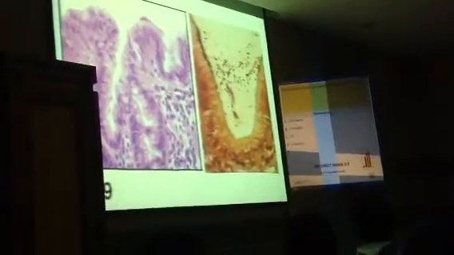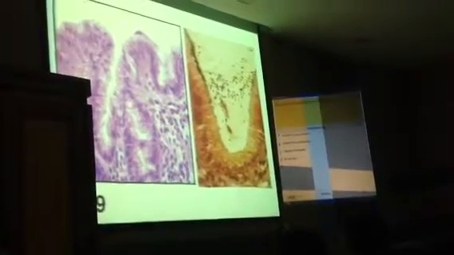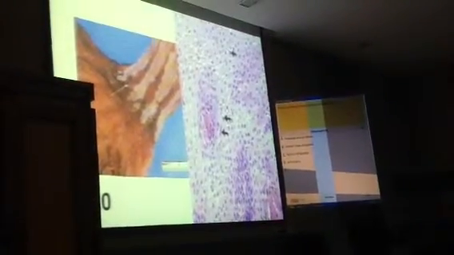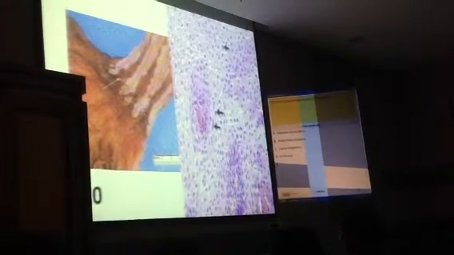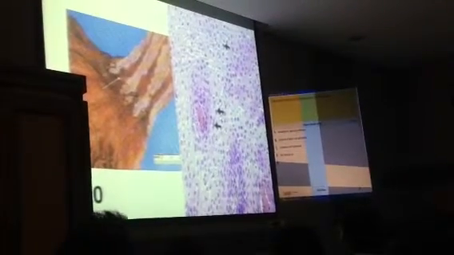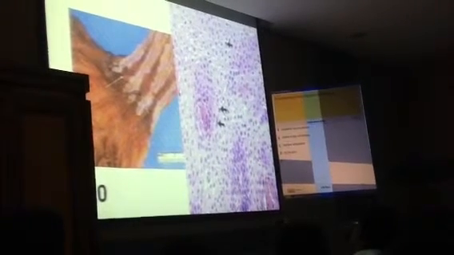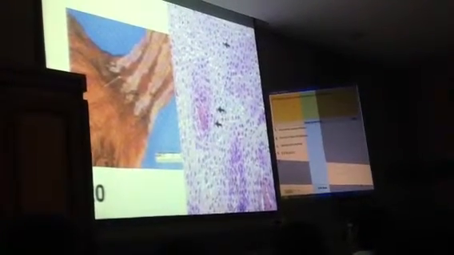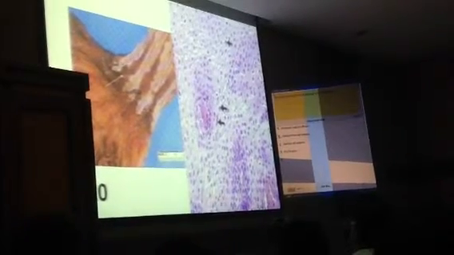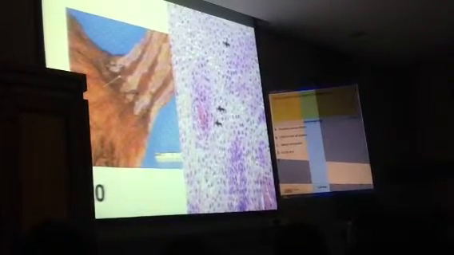Okay. Next question, number 20. So this one, number 20, the following histologic findings are seen in this lesion: A, intraepithelial leukocyte; B, presence of basal cell hyperplasia; C, squamous cell hyperplasia; letter D, all of the above.